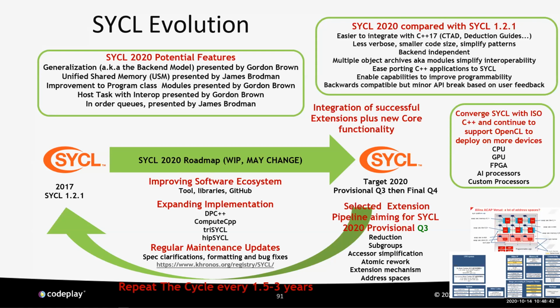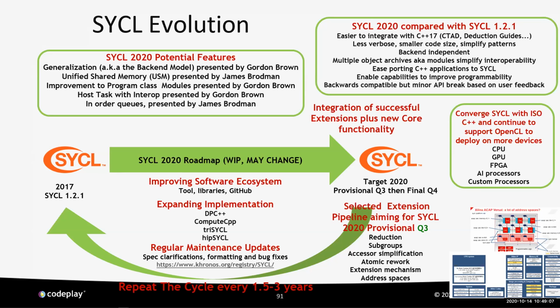So this is the main slide. It shows what might be in SYCL 2020. I keep saying might because even though I'm pretty sure, legally speaking, I have to keep using the word might. In the top right box, you see our general larger philosophy that we have followed in our change from SYCL 1.2.1 to SYCL 2020. We want easier integration with C++17, a less verbose language that has smaller code size and simplifies common patterns.